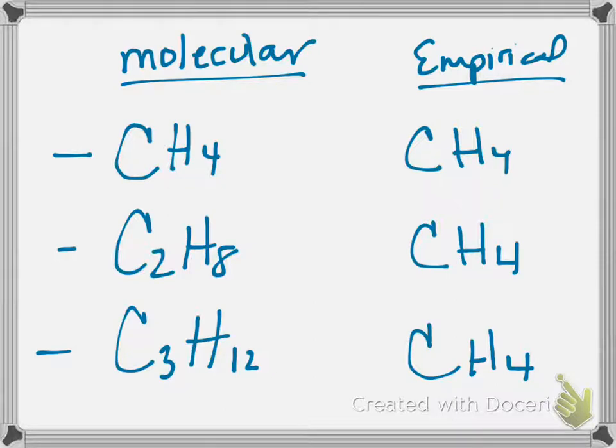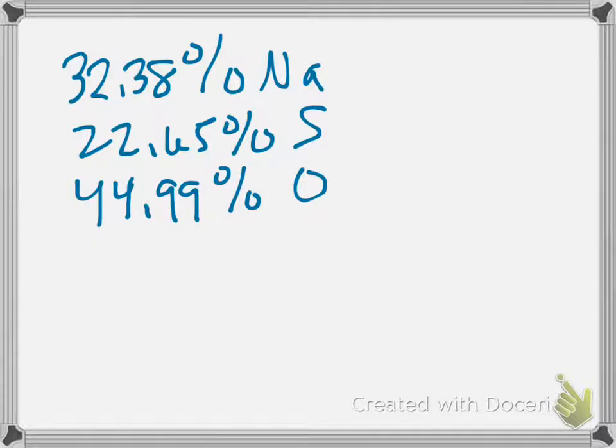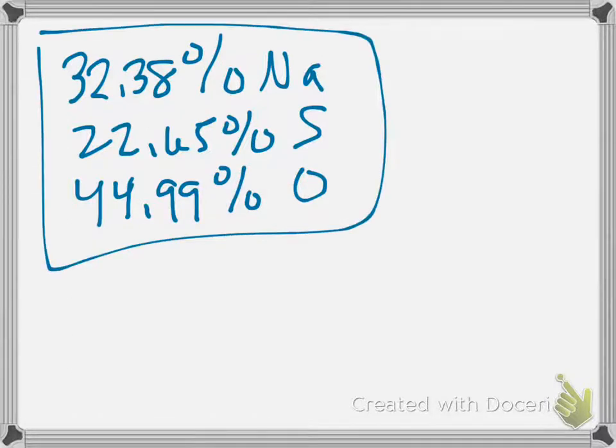So the kind of information that we would get back on, like gravimetric analysis, where they precipitate it out, they separate out the component pieces, and they mass them, is really percent composition. So if we go back to this, we get this information back. From that, we can actually find the empirical formula.